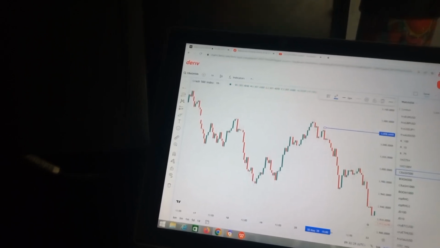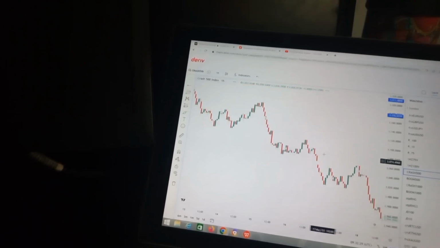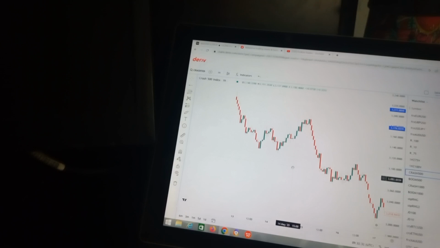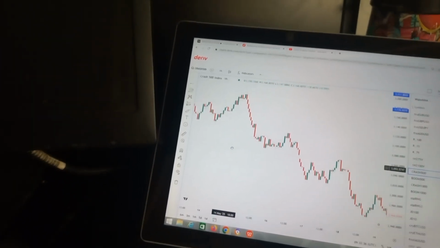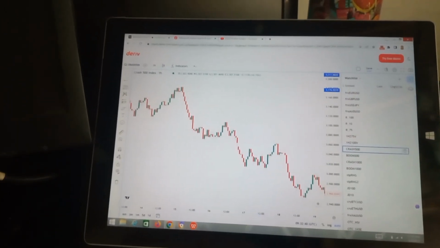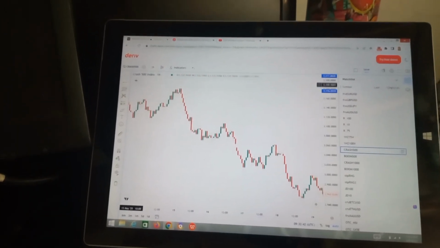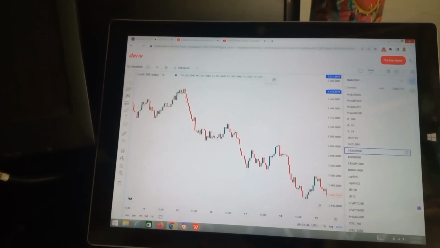Let me delete this one. So let me see if I can get a place where I can plot for a sell. Let me check out this one right here. I think this is okay for us to start plotting our trend line, so we can see if we can short the market.